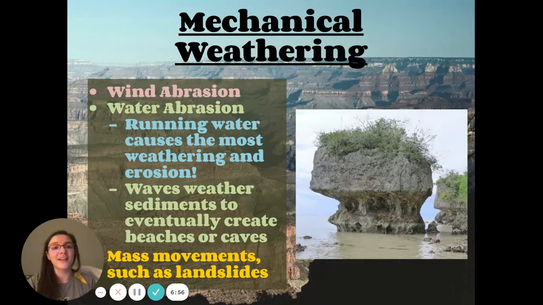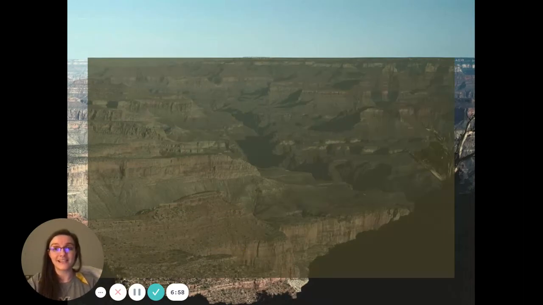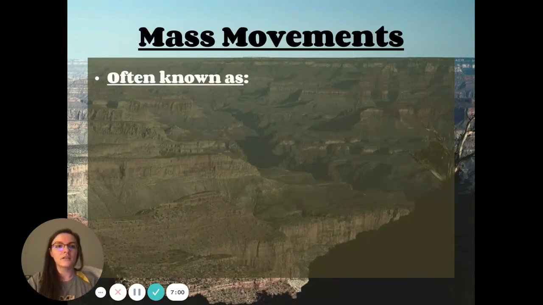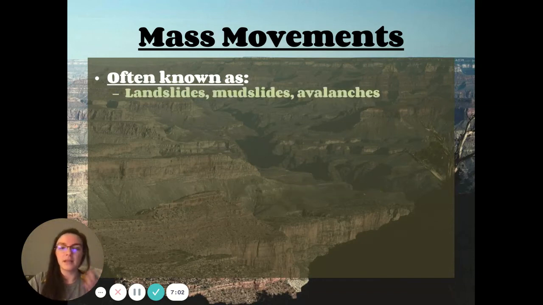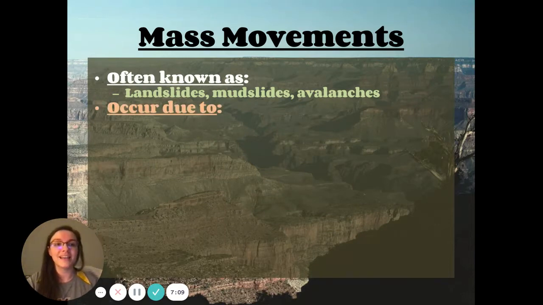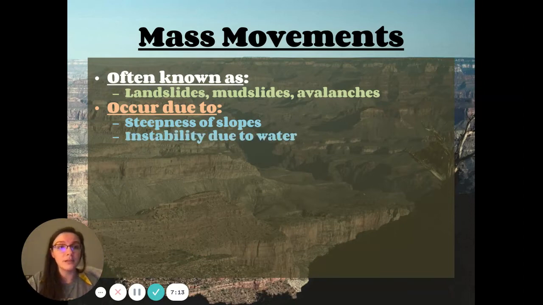And another kind of mechanical weathering is mass movements, like landslides. So landslides, mudslides, avalanches, all of those fall into the same category of mass movements. These occur because of the steepness of a slope and instability due to water.